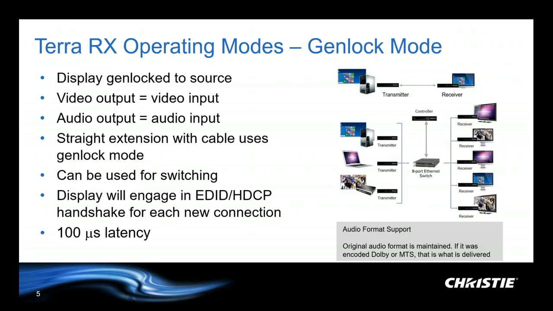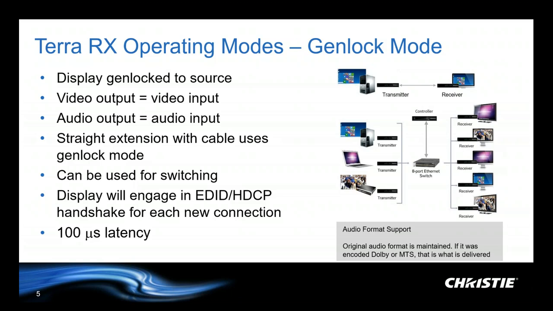So for all intents and purposes for the user, it's pretty much instantaneous. There are two ways of using the Genlock mode. You can either use it as an extension, transmitted directly to a receiver, or you can also use it with an Ethernet switch as a matrix, as I was discussing yesterday.